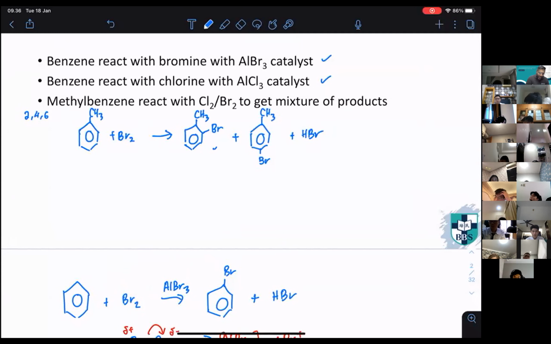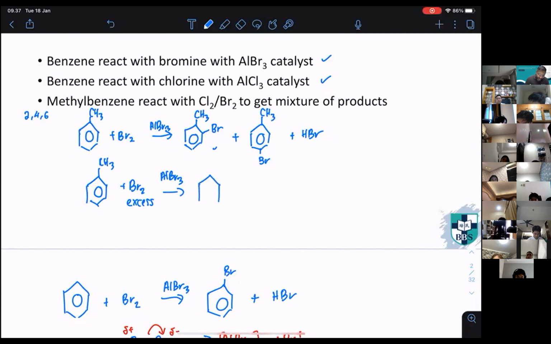But if you have methyl benzene and you have the Br2 in excess, do remember you still need to have AlBr3. The halogen carrier must be there in order to have direct substitution to the ring. Here, what is going to be different is that there will be double substitution, like the Br will come here, the Br will come over here.